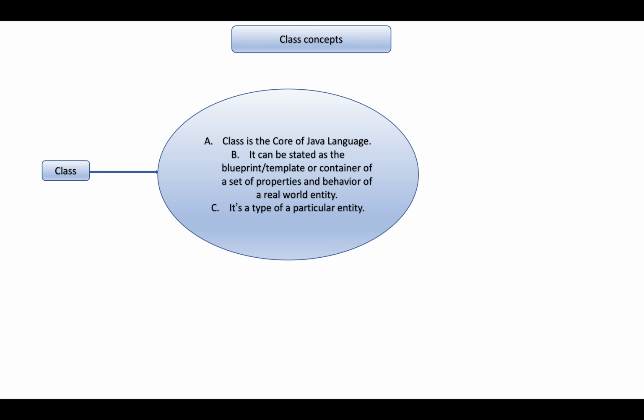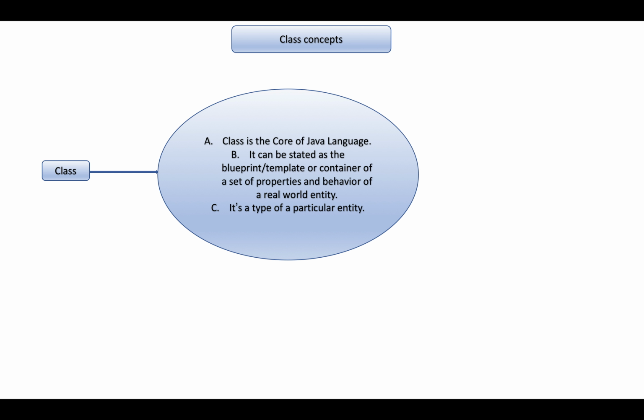So basically, if I need to define a class on a high level, it is a blueprint or template or container, which is referring to a specific entity, having a set of properties and behavior. So basically, it's a type of a particular entity, right?